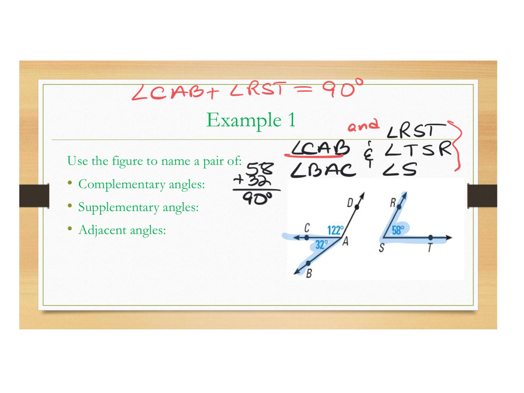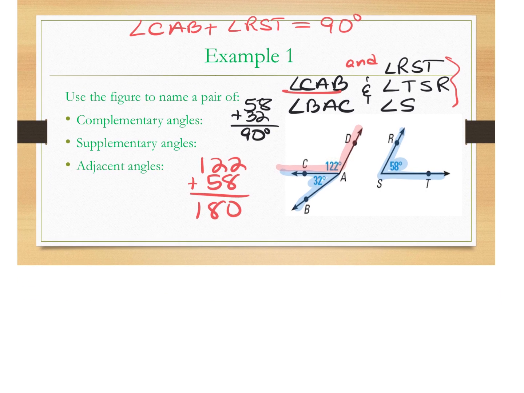So I've got a 122 degree angle here. Notice that this is not a straight line. So when I try to add 122 and 32, it's not going to give me 180. But if I try to add 122 and the 58, this is going to give me the 180 I need for the supplements.